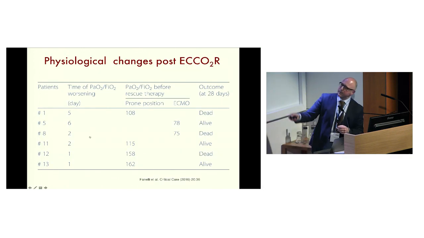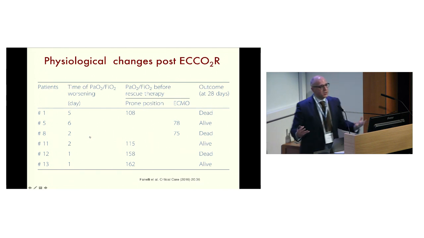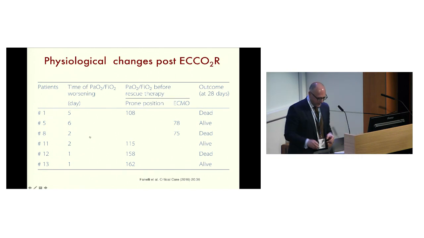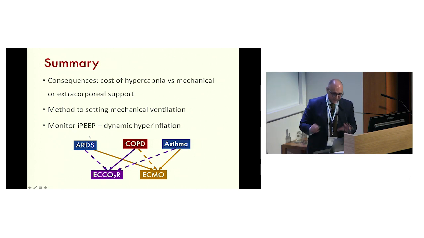And in this study, for example, a certain number of patients, once they've been started on extracorporeal CO2 removal, had to be proned, and some of them had to be started on ECMO. So the change in PaO2 can be dramatic depending on the pathology and depending on your starting shunt fraction. So I'm going to summarize, and this is really my last slide.